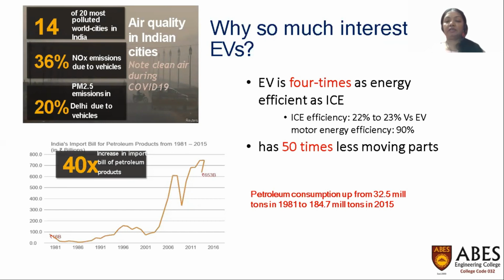Whereas in an electric vehicle, the chemical energy stored in the battery is converted into electrical energy by the action of the battery, and then the electric energy is directly converted into mechanical energy by the motor. And here the overall conversion efficiency comes around 90%. So here we can see the EVs are almost 4 times more energy efficient than internal combustion engines.